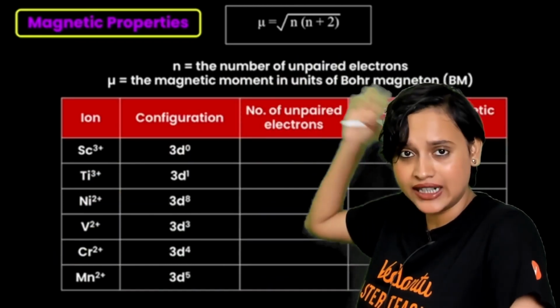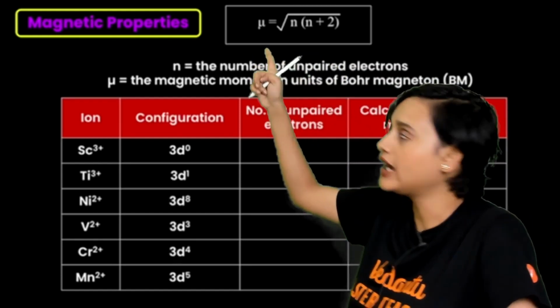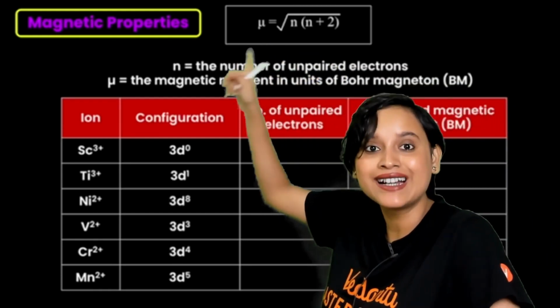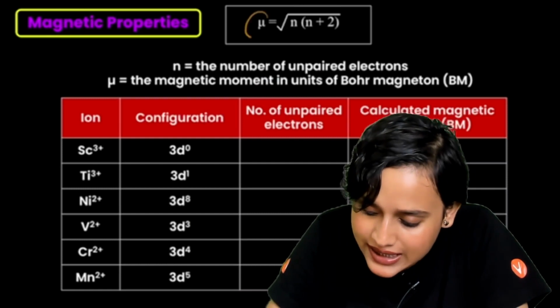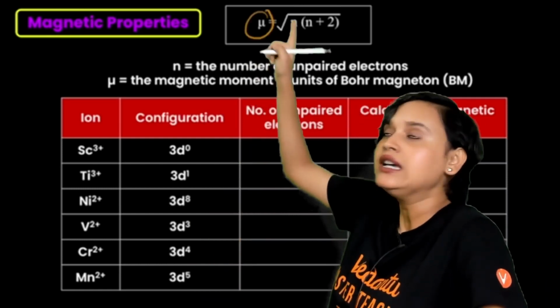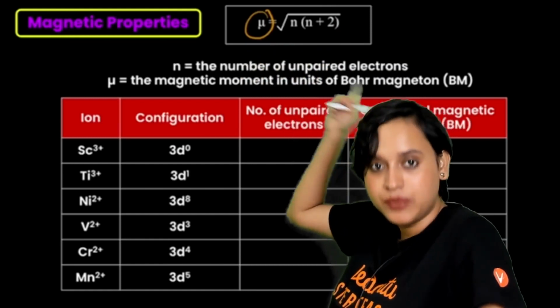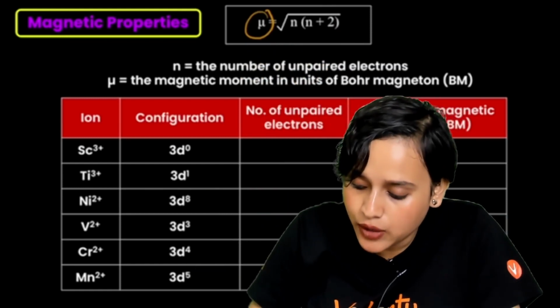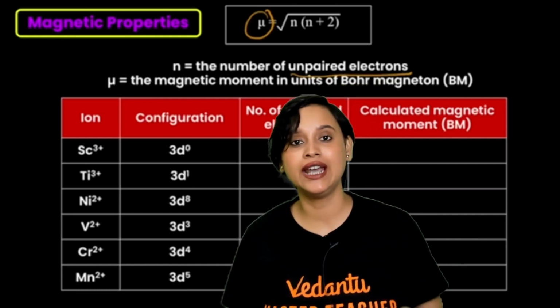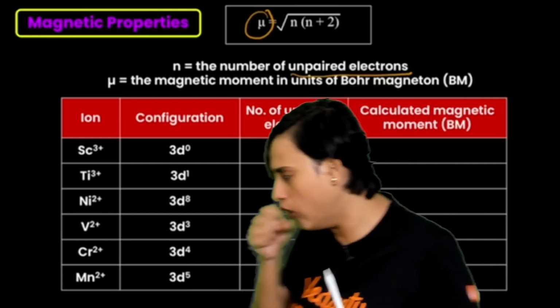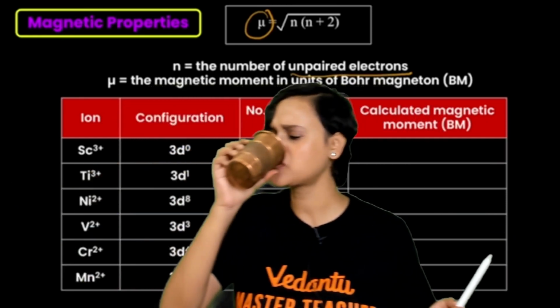To find out magnetic moment, this formula is used, where mu is the magnetic moment. Mu is equal to root over n multiplied with n plus 2, where n is the number of unpaired electrons.